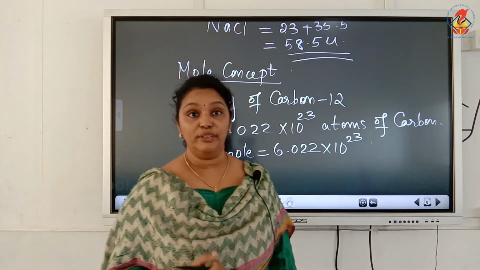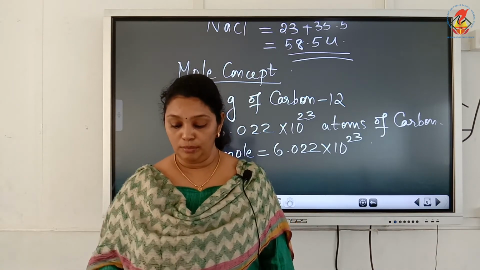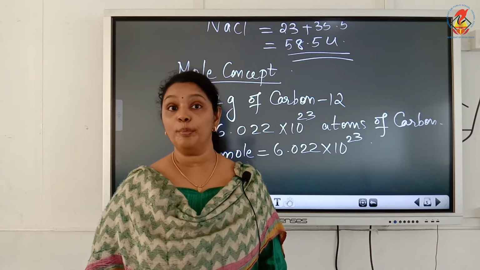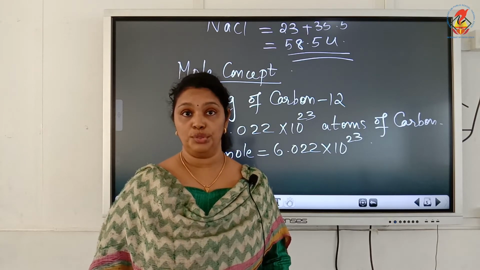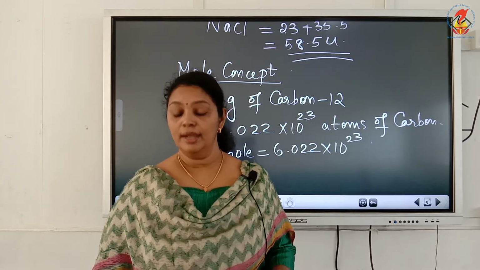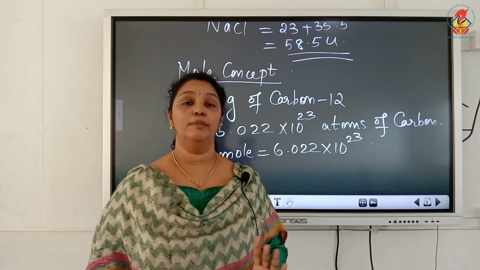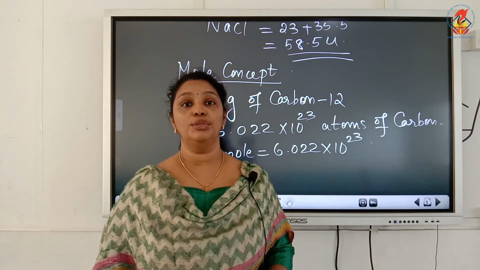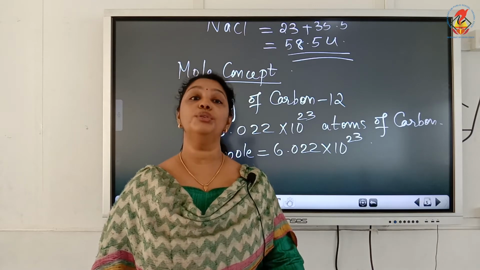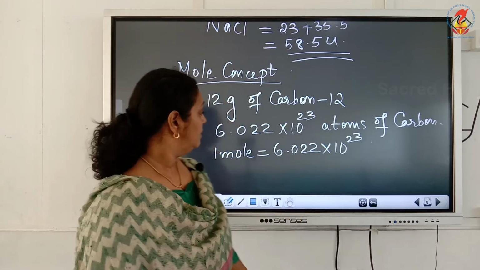Or how can you define 1 mole? 1 mole is defined as a group of 6.022 into 10 raised to 23 particles of a substance, and 1 mole is equal to 6.022 into 10 raised to 23.